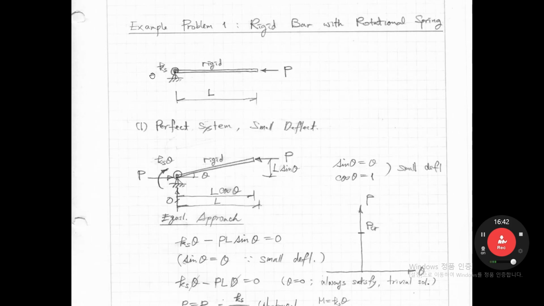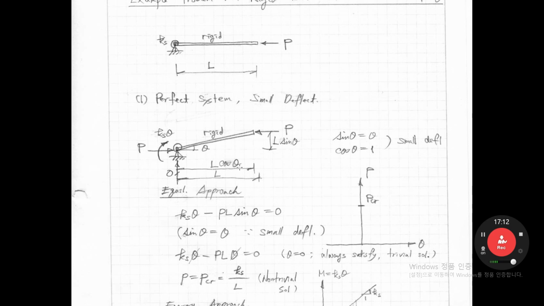Okay, for this specific problem, let's assume a perfect system. The perfect system is where there is no original deformation, and then assume small deflection. Under this assumption, in order to get the PCR, we assume this load P applied here.